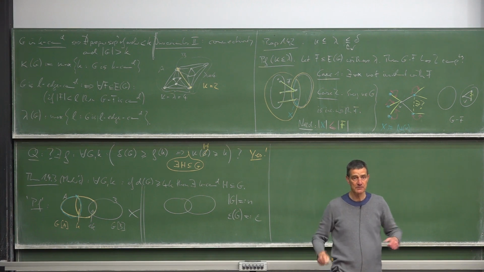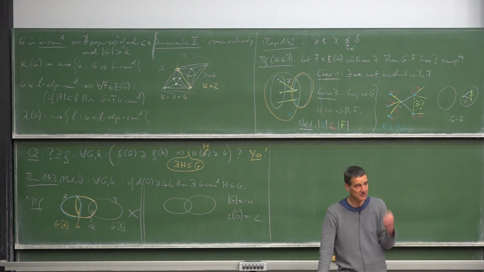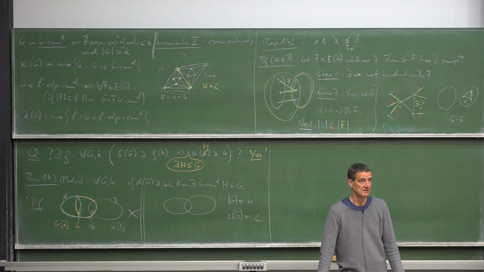So last time we wanted to find a subgraph of large min degree in any graph of large enough average degree, which turned out to be only twice the min degree that we wanted to end up with.